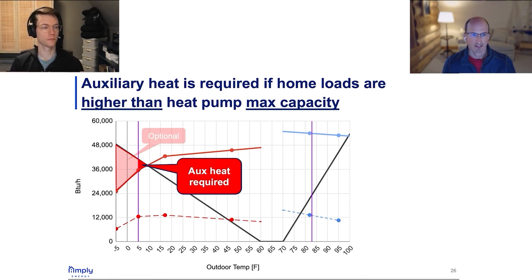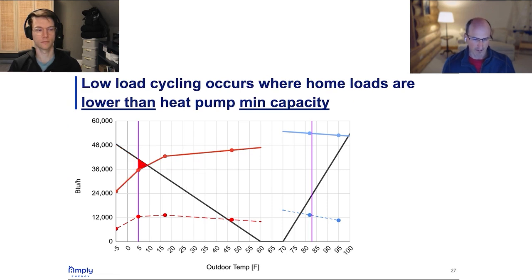It can output something, so pipes are not going to freeze. The thermostat might drop a bit if you didn't have any auxiliary heat beyond that temperature. But again, for home comfort and also just peace of mind, if you had some kind of emergency where the compressor died in the middle of the winter, at least you know the homeowner is going to have some extra capacity available as backup, so it's not a crisis to get out there and fix the equipment.